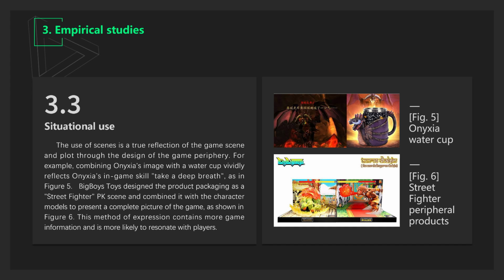Big Boys Toys designed the product packaging as a Street Fighter PK scene and combined it with the character models to present a complete picture of the game, as shown in Figure 6. This method of expression contains more game information and is more likely to resonate with players.